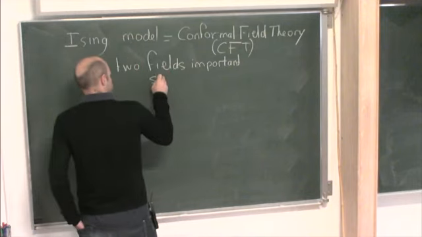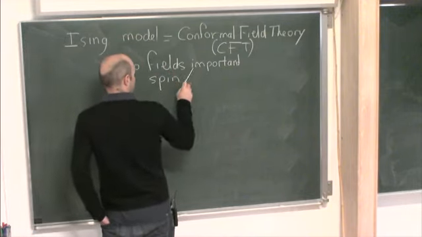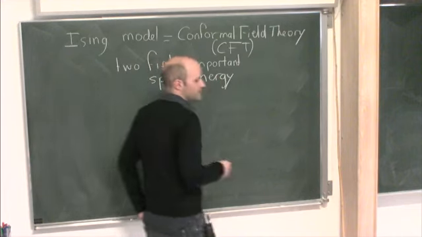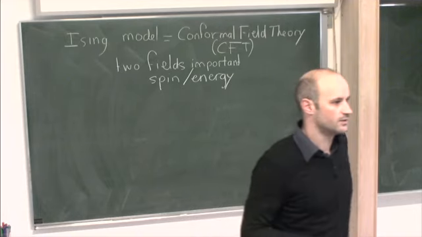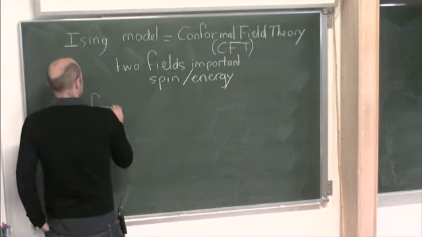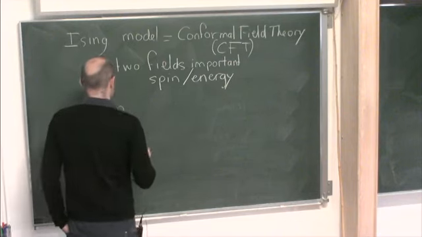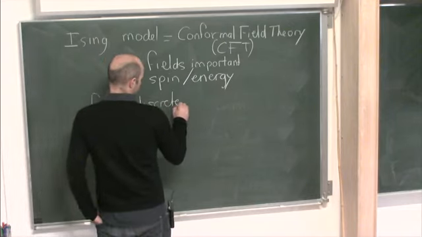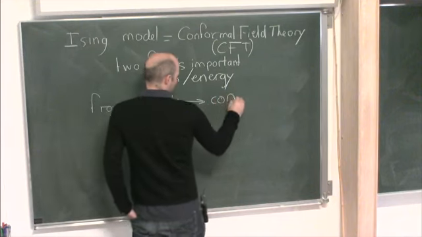There are the spin and the energy. And he explained that he carried out his approach for the construction of his Ising model from discrete to continuum.